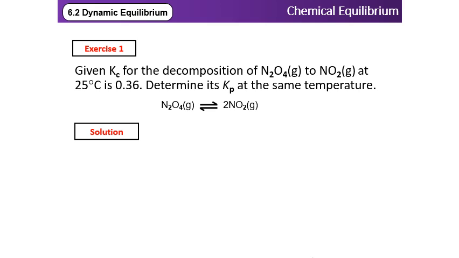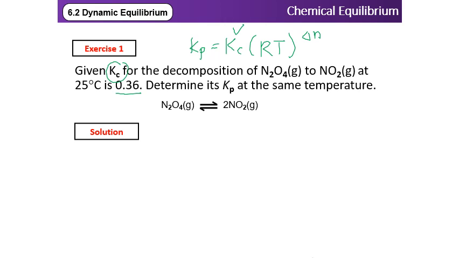As usual, after we know how to derive the equation, now we are going to look at how to apply Kp equal to Kc RT to the power of delta n in answering a question. Given Kc for the decomposition is 0.36, which means the Kc value is given.